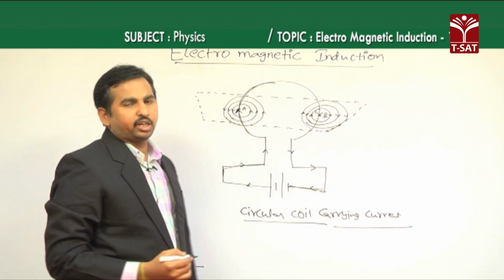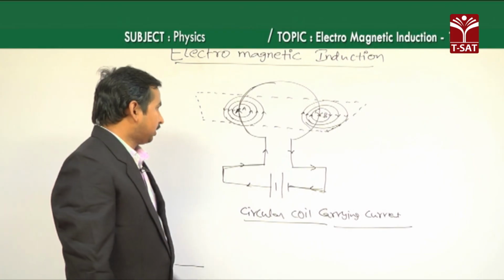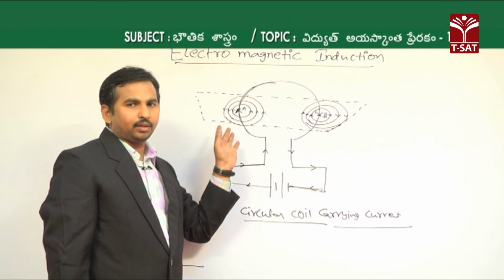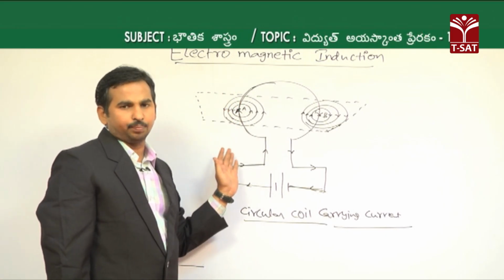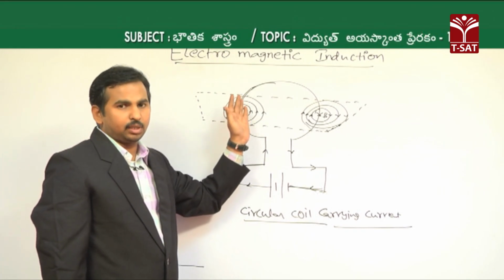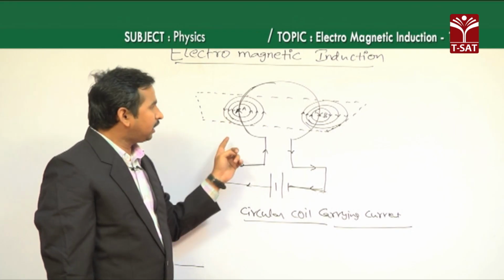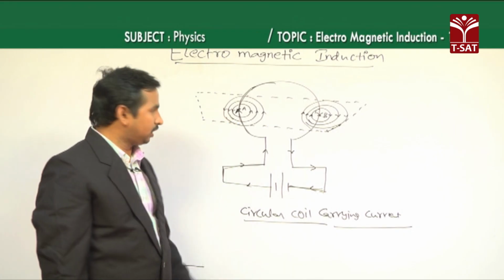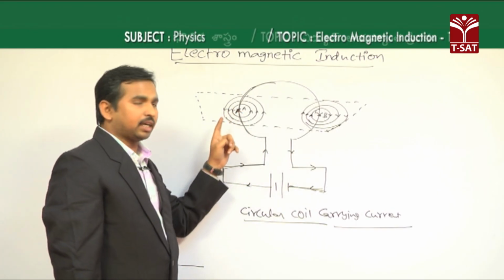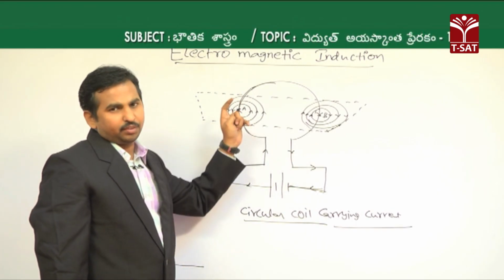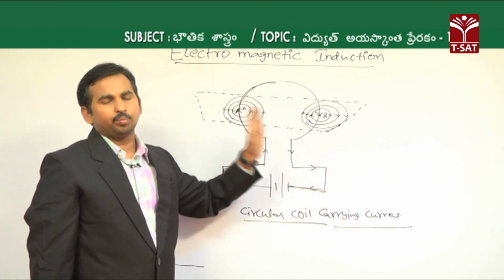In a straight conducting wire, throughout the wire the direction of current remains the same, so the magnetic lines of force around it are also the same. But in this circular coil, at two different points on the same coil, at one point the current is going upwards, out of the plane, and on the other side the current is going downwards, into the plane.